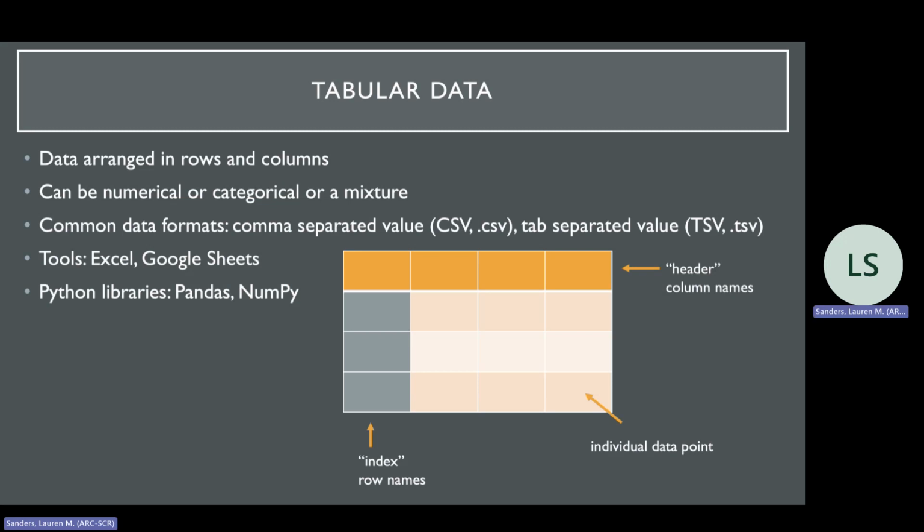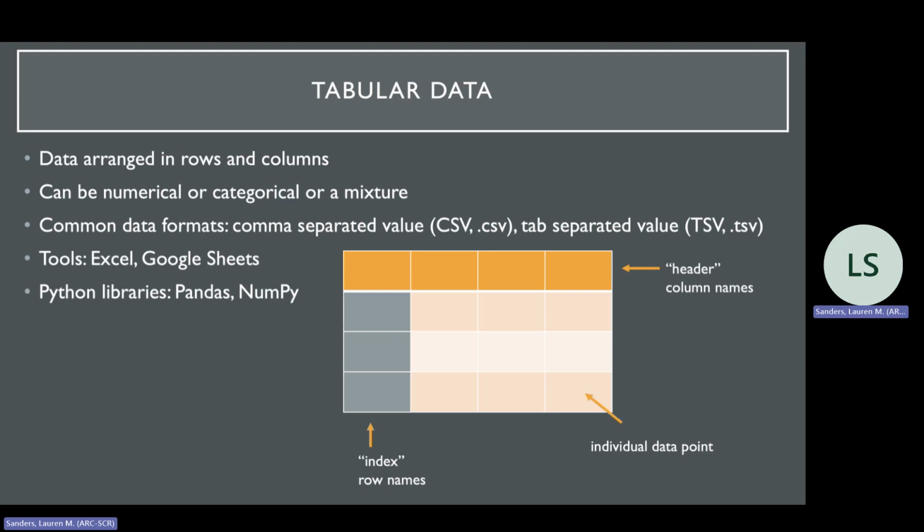Tabular data is very common in biological data analysis. This is a type of data that can be formatted in a table, so the data is arranged in rows and columns. This data can be completely numerical, or it can be categorical, or it can be a mixture.